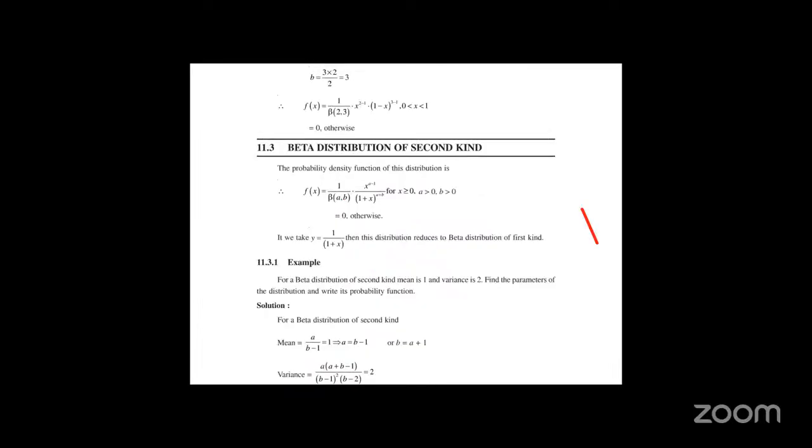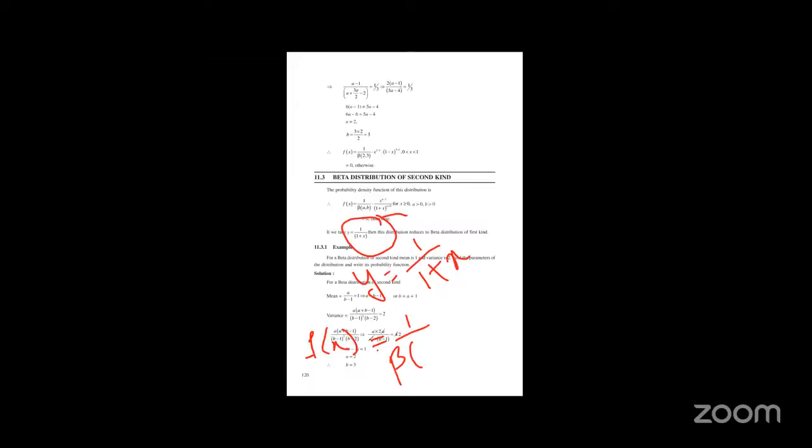So what happens, they are saying y is equal to 1 by 1 plus x. So in the place of 1 plus x, we need to take y. So what happens then? f of x is equal to 1 by beta of a comma b into, 1 by 1 plus x is written as y, right?